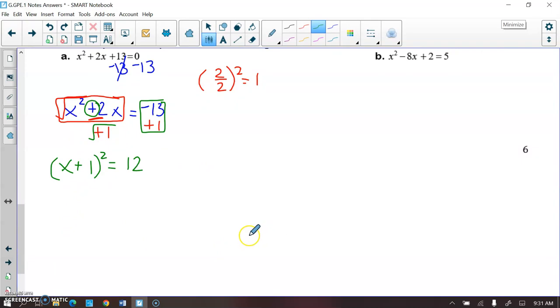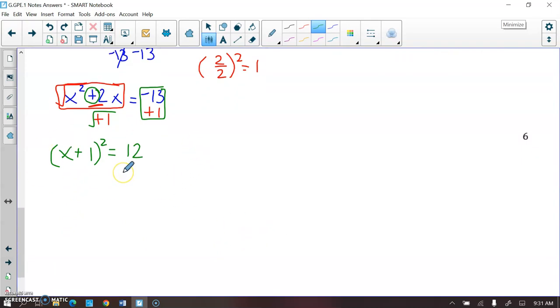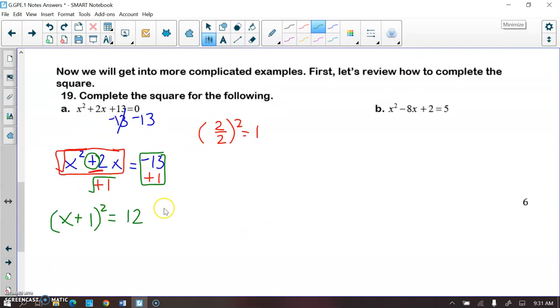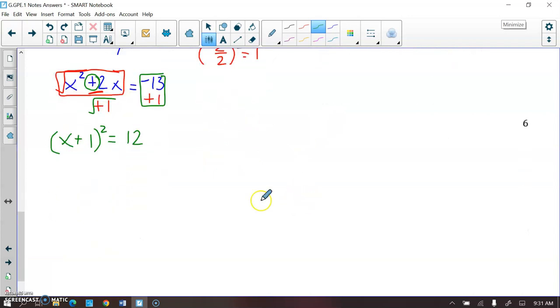Actually, this is as far as we're going to get with the circles. But when I ask you to factor by completing the square, you actually go further, and you do solve for x by taking the square root of both sides. And we get x plus 1 is approximately equal to positive or negative 3.46.